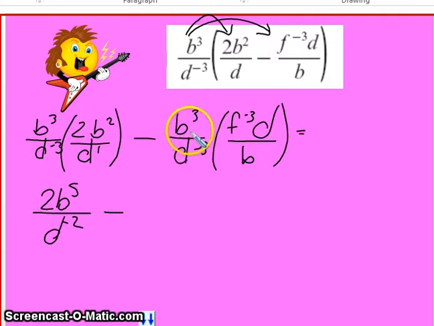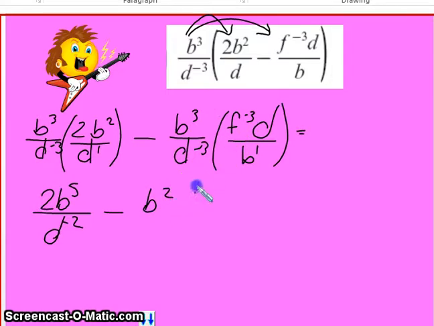Over here I have b to the third times f to the negative third times d, and then I've got d to the negative third times b. Now, see how I've got b to the third on top and b to the first on bottom? I'm dividing like bases here, so I can subtract their exponents. b to the third divided by b to the first is b to the 3 minus 1, or b to the second power.